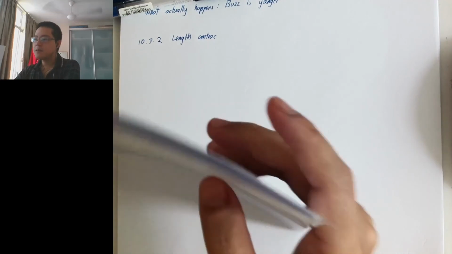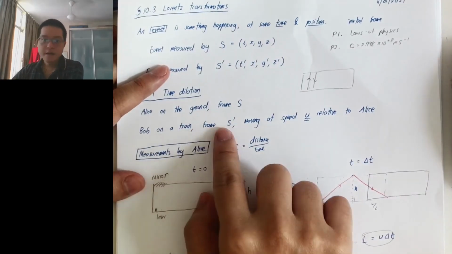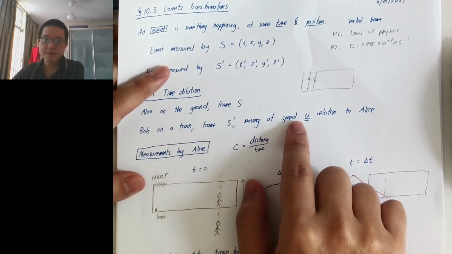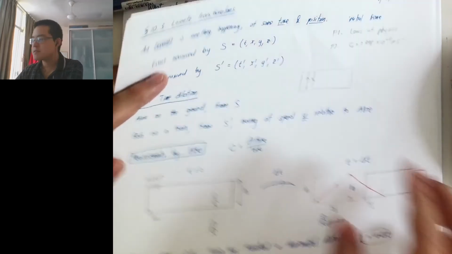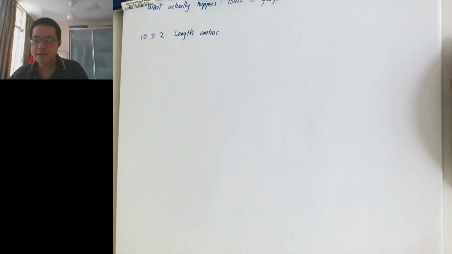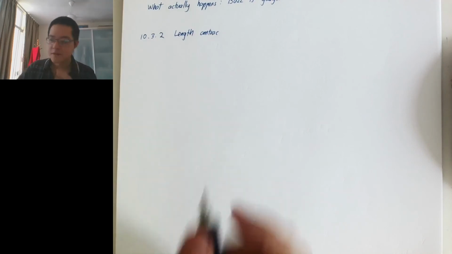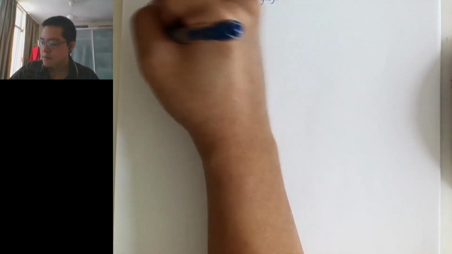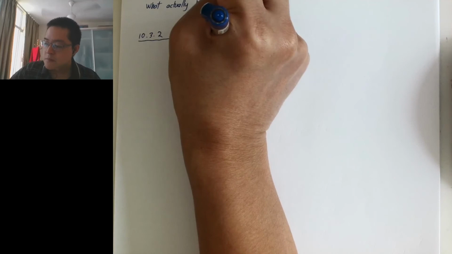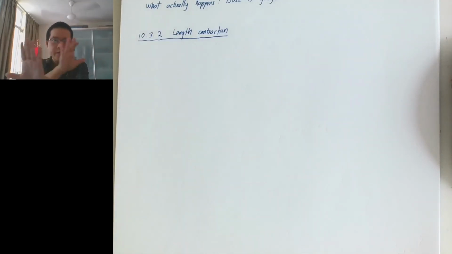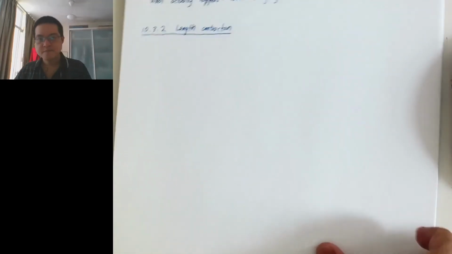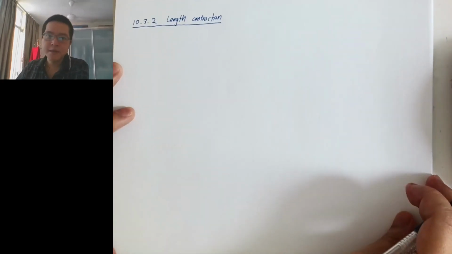So this is the key point here, as Bob is moving at constant speed relative to Alice. So we are only capable of calculating this situation for now. Two frames, constant speed relative to each other. And we'll see why. I think by Monday we will do this.